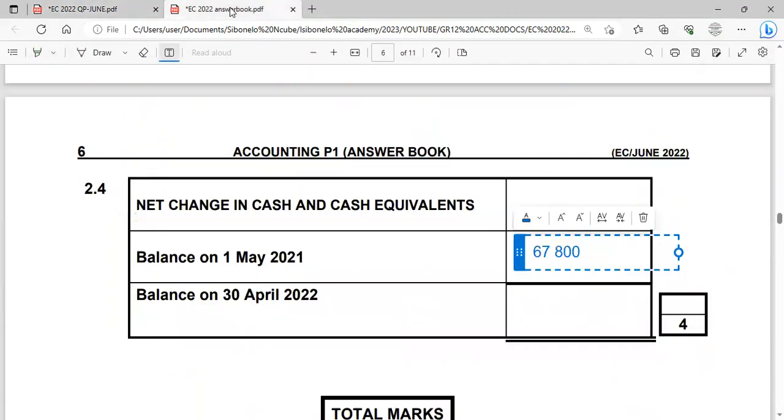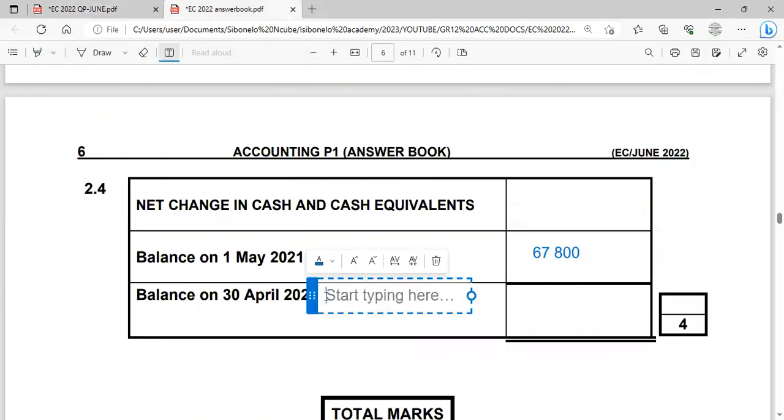So now we're going to do the set off here. So how do we set off? So I will show workings. So we've got an overdraft. Remember, overdraft is a negative balance. So we've got an overdraft of 264,000, and cash equivalent is a positive balance of 6,000.